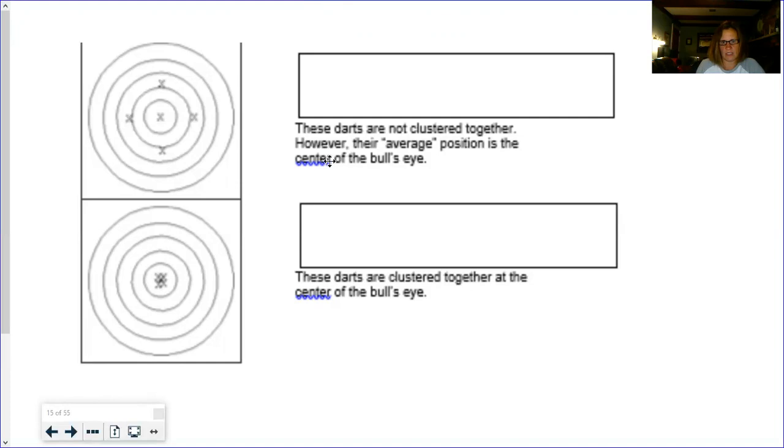So even though this data is not all in the center, it's still pretty accurate because the average location of the darts would essentially be right here in our bullseye. So we would consider this data accurate, but it is not precise, because the different darts have all landed in different areas. We would label this accurate, but not precise.